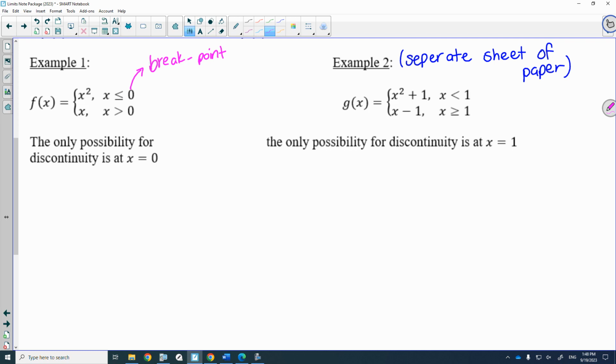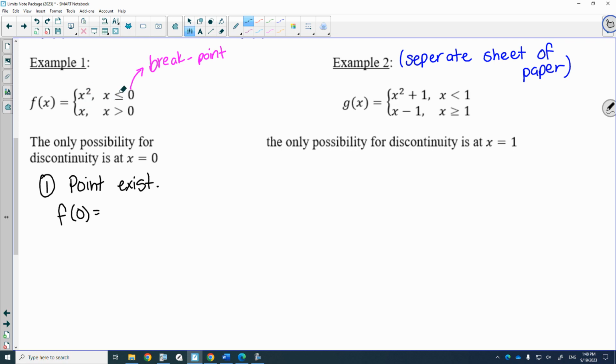The first thing we always have to test is, does the point exist? What I would be checking is what is f of 0. Can I plug 0 into one of these two functions? Now, we have to decide which function we'd be plugging 0 into.